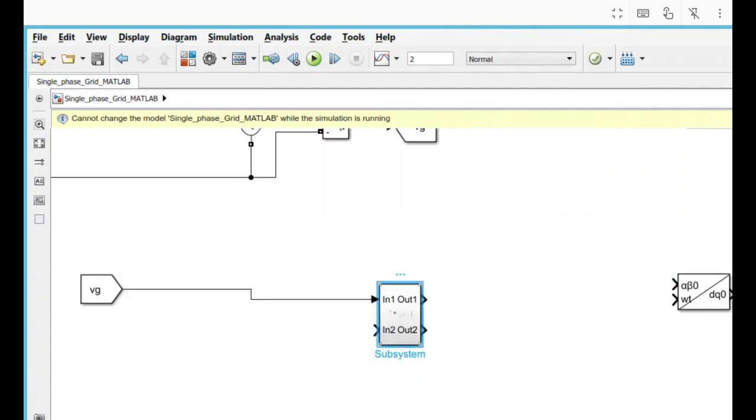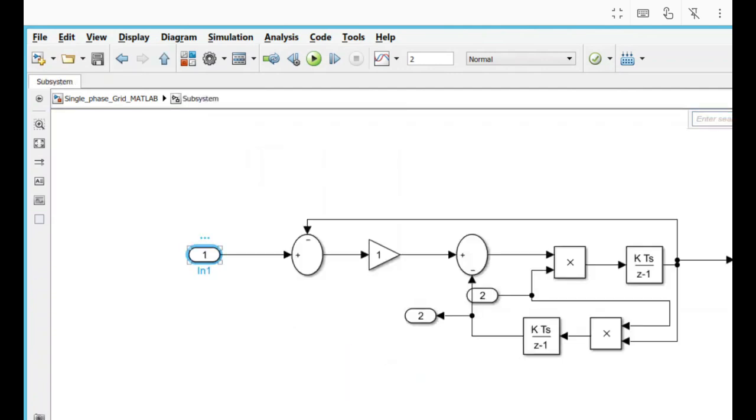Now this will be the Vg, this will be the V beta, and this will be V alpha, and this will be omega, and this gain we are considering 1.56.